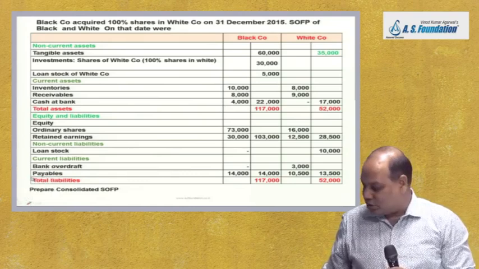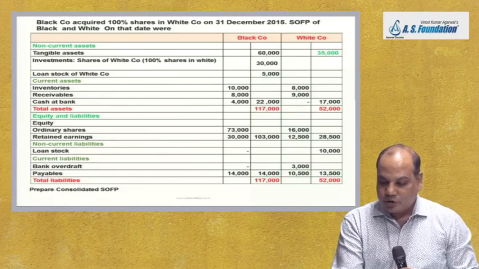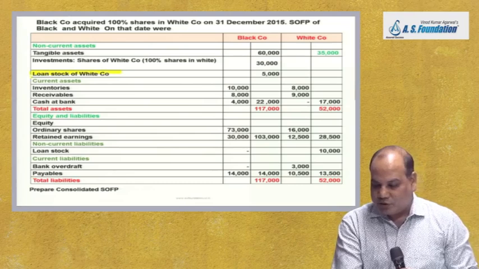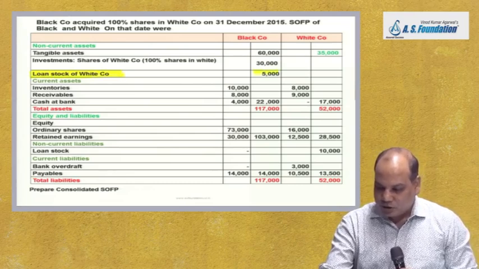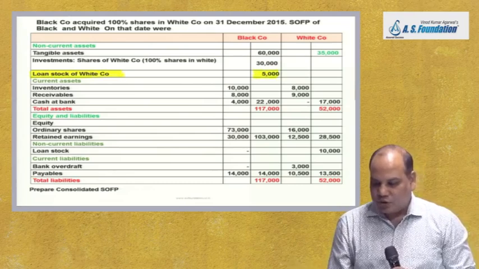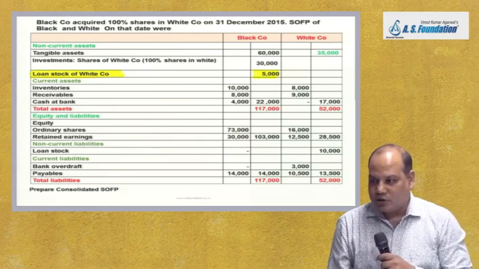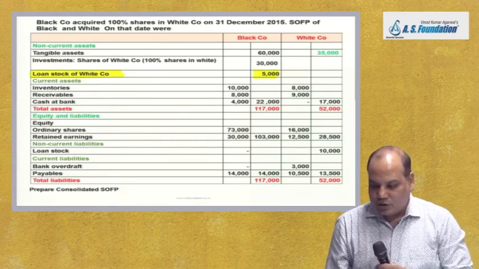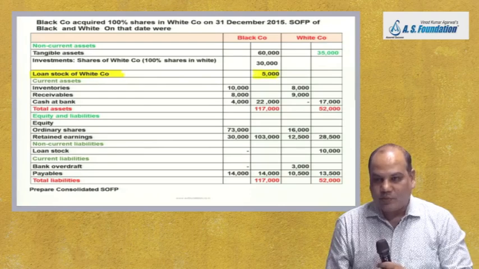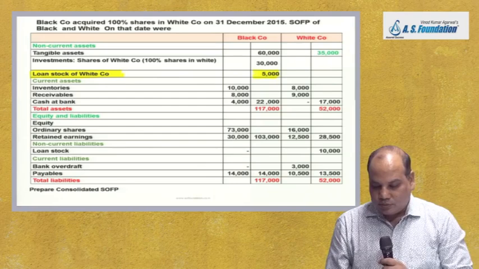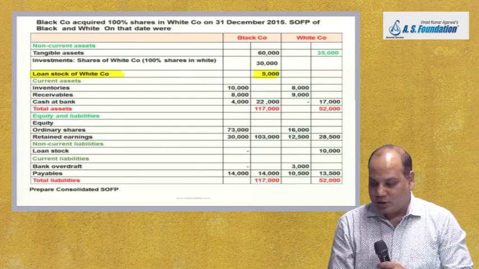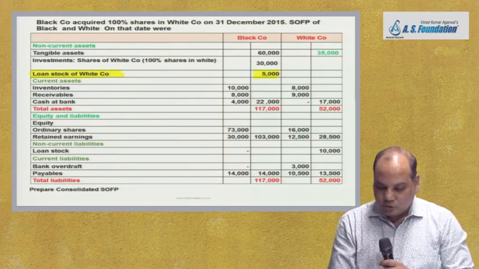Whether they tell you or not, if you find any intercompany receivable or intercompany payable, you will cancel them in the consolidation process. Then current asset, inventory, receivable, bank. Total asset, equity, ordinary share, retained earning, non-current liability, again tick mark, loan stock.